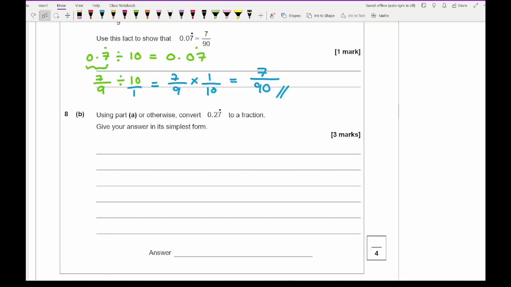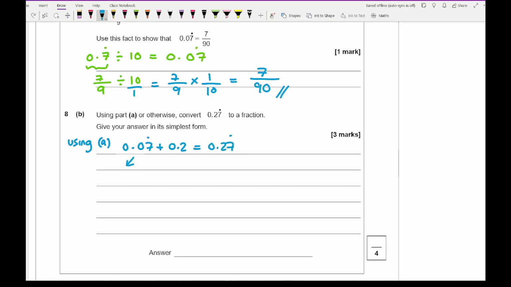Then moving on to question 8b, it says using part A or otherwise convert 0.27 recurring to a fraction. Now there's a couple of ways in which you can do this. So let's have a look at using part A. Then what we find is that 0.07 recurring plus 0.2 equals 0.27 recurring.